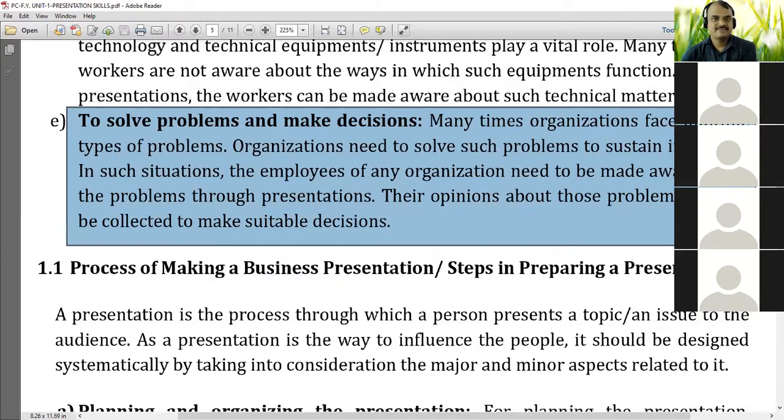Roll number 12, Present, sir. 13, Present, sir. 14 is absent. Yes, sir. ठीक है. 15 is absent. 14 present.